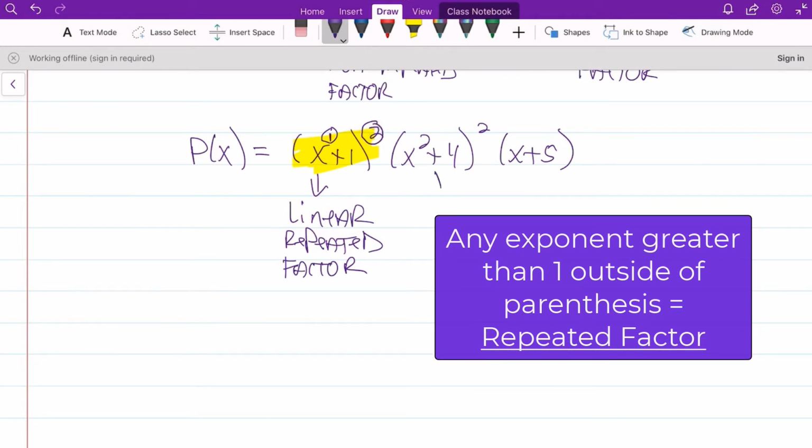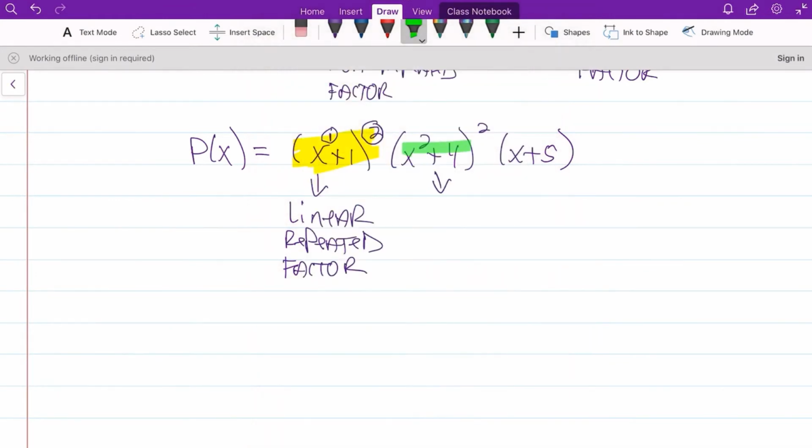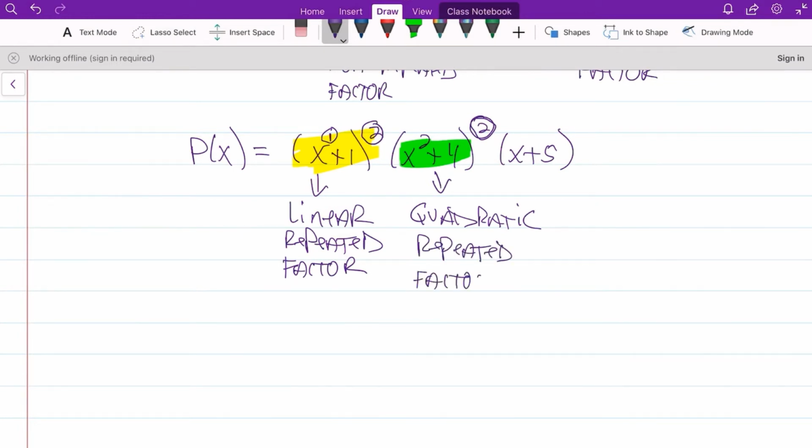Now, if I look at the second factor here, it's a quadratic factor because inside the parentheses was a 2. So again, just like the one I had above it, this was a quadratic factor. But because this is also a 2, this is going to be repeated. And again, that does make a difference in how you separate or create your partial fractions.